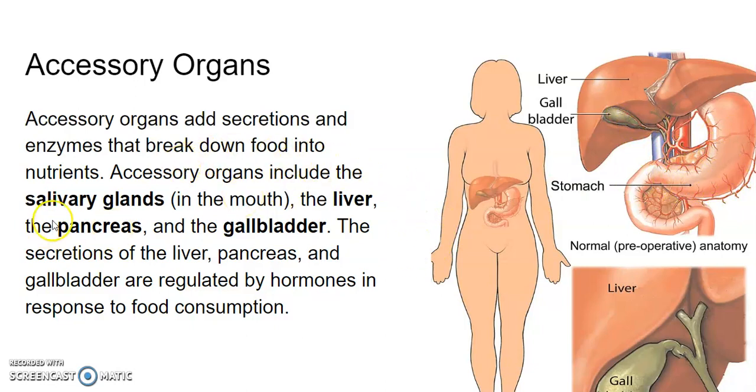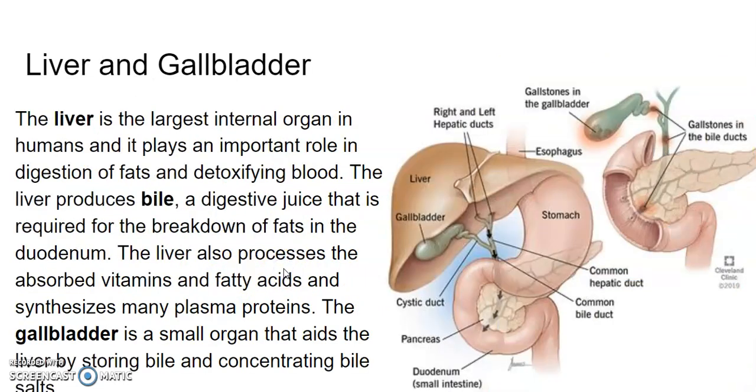These accessory organs, the salivary glands, they're what produce the liquid in your mouth. The liver, the pancreas, and the gallbladder all secrete things into the body, and it's all a response out of you consuming food. When you eat food and the food gets into the stomach, it signals the body to produce things, and that's regulated by hormones.